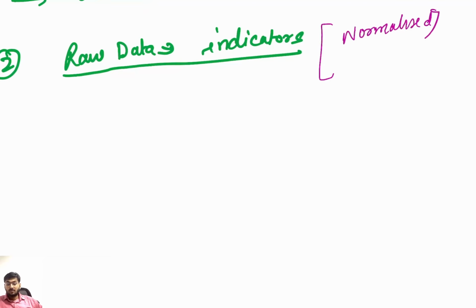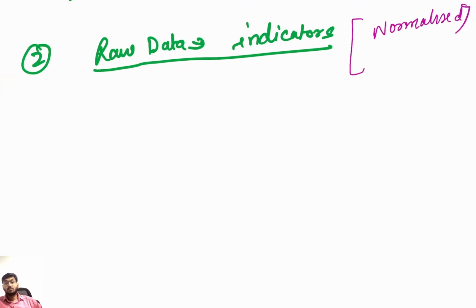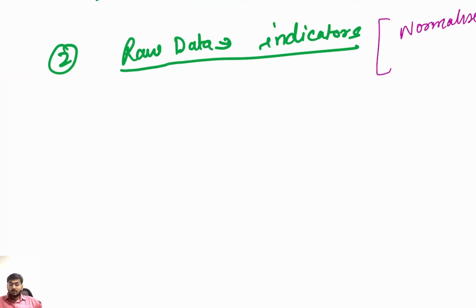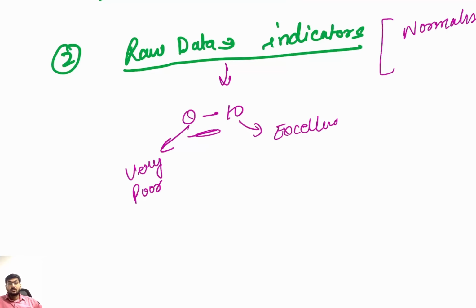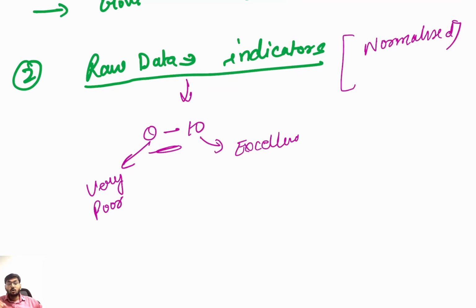Clear? Now different indicators have different sets of units. And we convert them into the given scale of 0 to 10. If something is 0, it means very poor. If something is 10, we call that excellent. Clear? So this process is known as normalization.